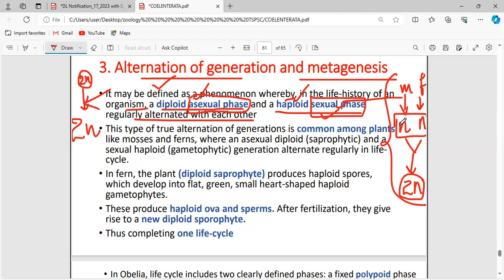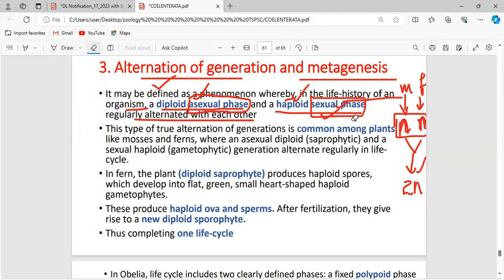In sexual reproduction, 1N from the male gamete, 1N from the female gamete, they both give rise to the zygote, which is 2N. But there is no involvement of another individual in asexual reproduction, just by splitting, either by fission or by budding. Just by splitting, it gives rise to young ones which are diploid in nature. That is why asexual is said to be diploid and the sexual reproduction is said to be haploid. This is the basic difference.